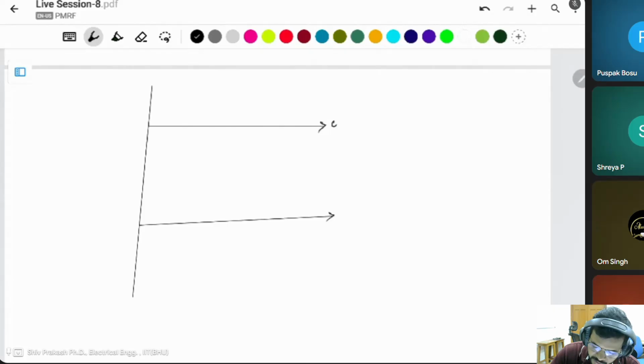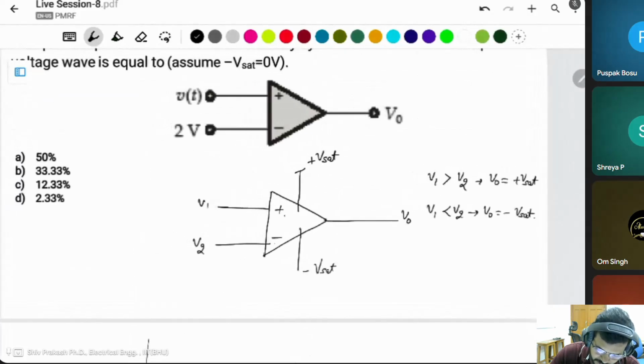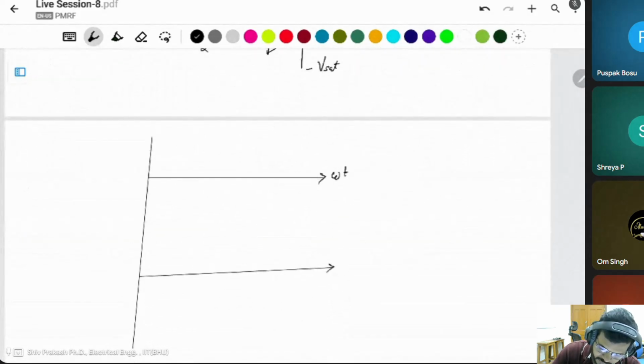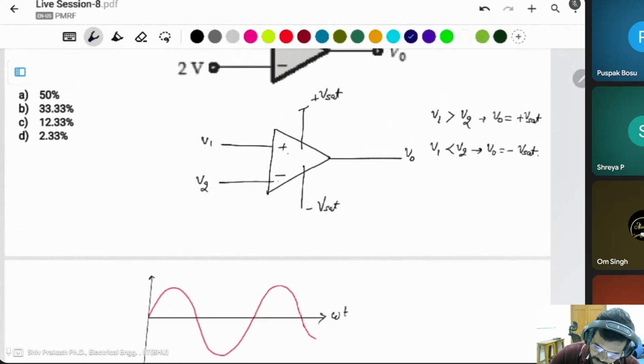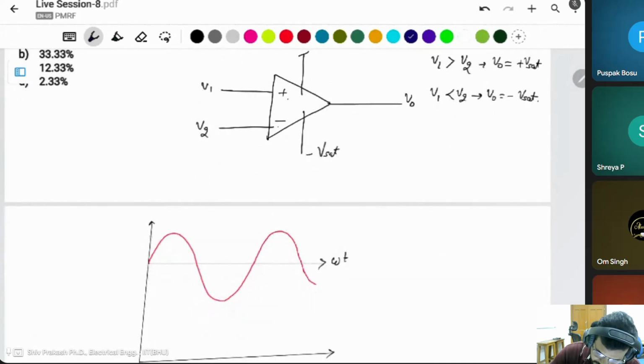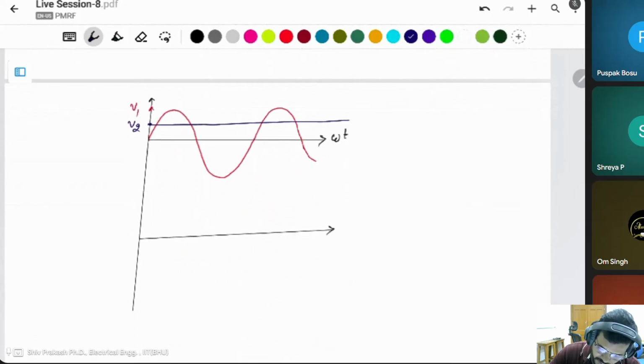Sinusoidal is given, then this is omega t taken. This is V1 and V2 I take as this one, like that. Then what is the output?